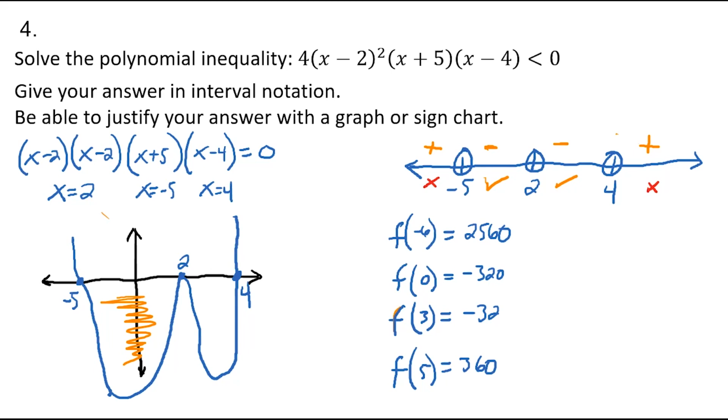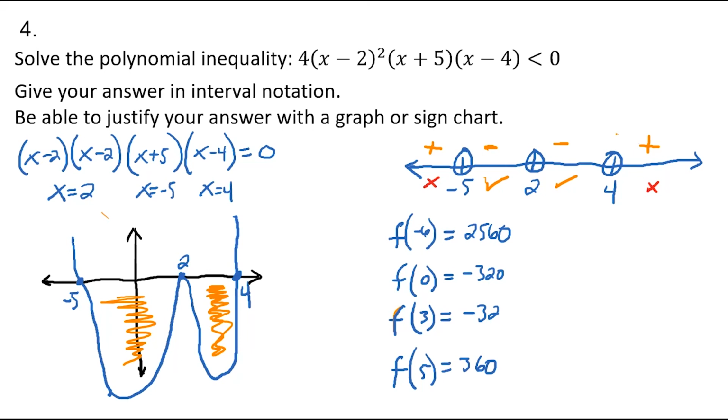And then this section over here, which is +2 up to +4, matches what we have over here. These are negative values, and you can see the graph is below the x-axis, which is indicative of negative outputs. And for the other two intervals, it gives us positive values, which we don't want.